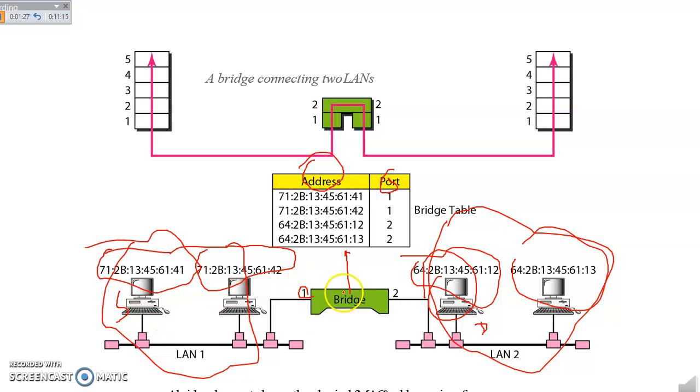Here the bridge is a kind of intelligent device. It will check the source MAC address and the destination MAC address, and then it will directly unicast this packet to this system. So with the help of the bridge, it will filter the data. That is the task of the bridge.